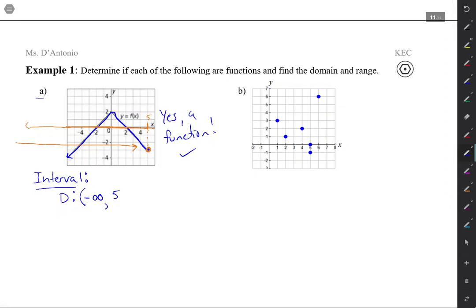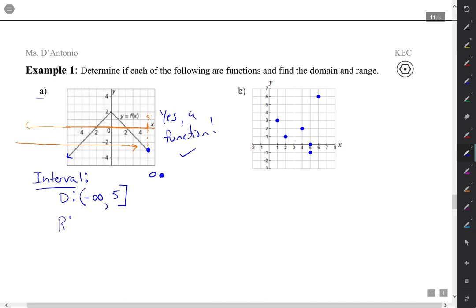Well, is this point included in the graph or not? I don't know if you remember, but we were talking about open circles and closed circles. Is this an open or a closed circle? Well, this one right here is a closed circle, so that means it is included in our graph. Because of that, we are going to use a square bracket on the side of the interval with the 5. So therefore, our domain is negative infinity to 5.